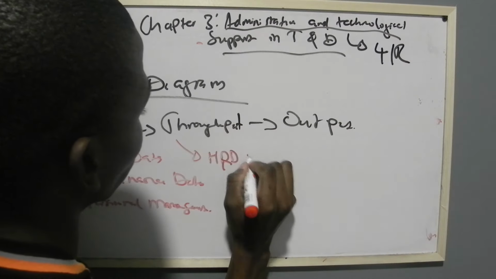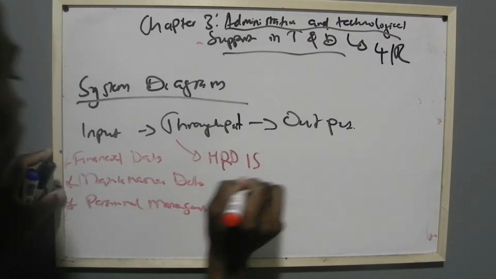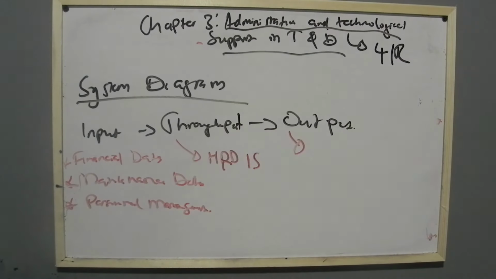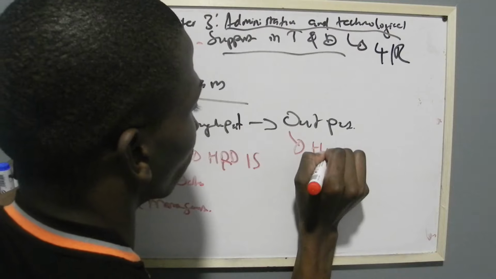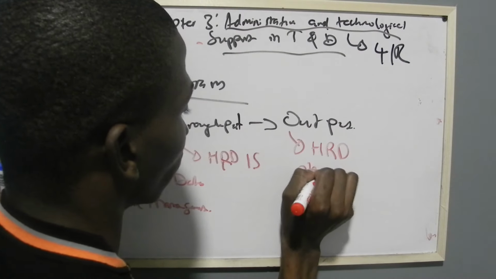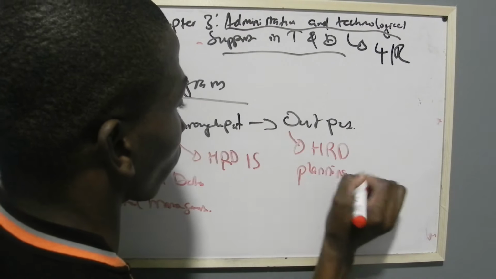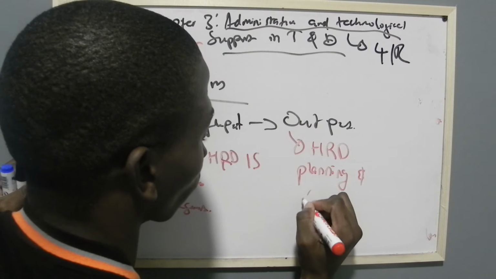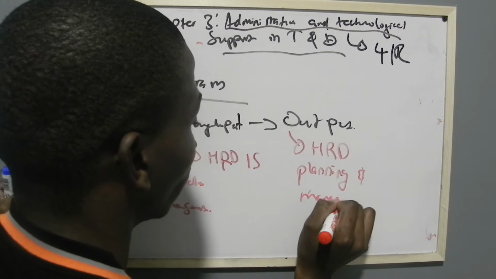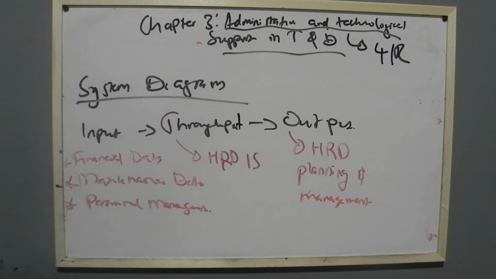Here we include things like human resource development planning, information management, and human resource development management. So these are the things that you need to look at when you are trying to analyze the organization before we are putting in the human resource information system.